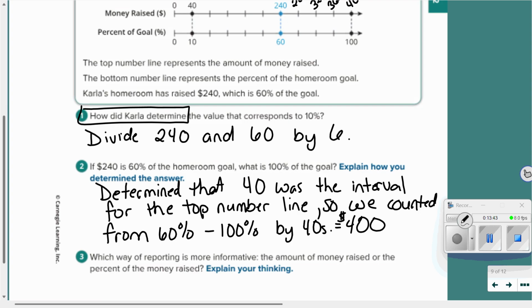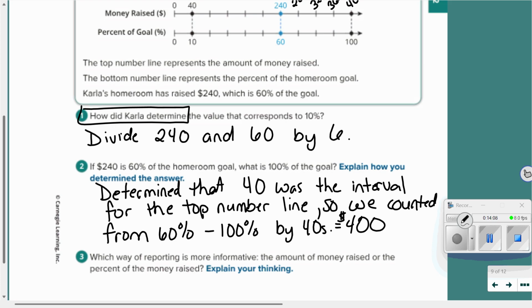Make sense? All right, so which way of reporting is more informative? Telling you how much money they've raised or what percent of the money they've raised? Percent. Why? Because the amount of money raised will stay the same, but the percent will help you keep track of your progress better.